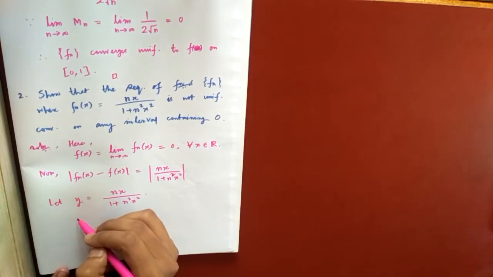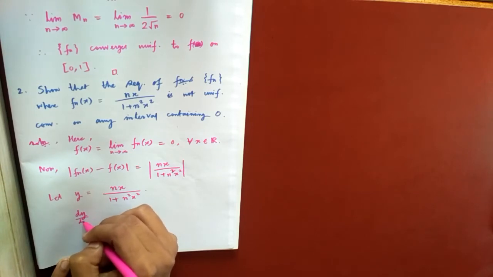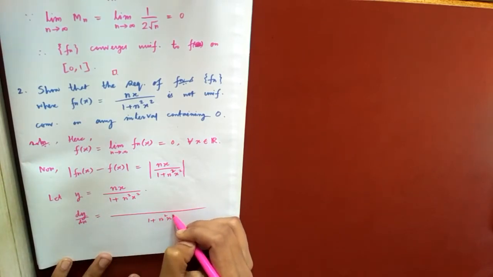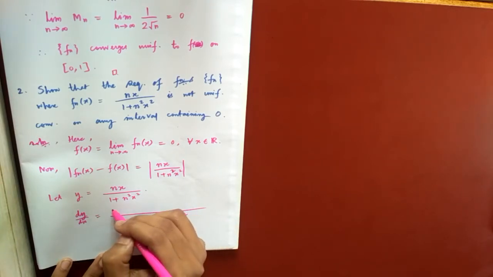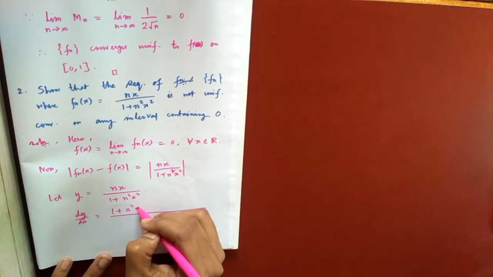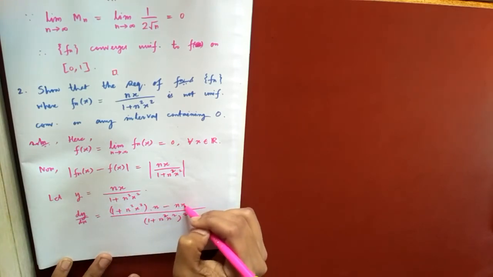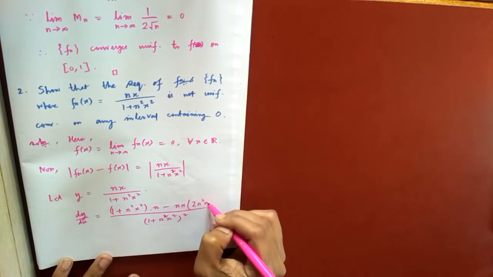So I'll find dy/dx. Keeping the denominator outside, the derivative of nx is n, minus nx times the derivative of the denominator, which is 2n square x.